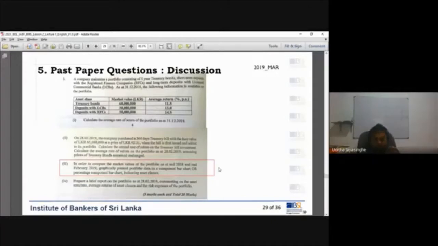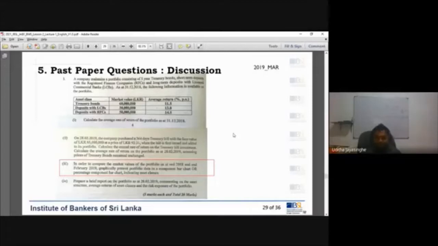For you to do this question, I think we are still not at the pace of, we have to do a last bit of theory on treasury bill and bond calculation, because there's a write up here which says the value of this 364 treasury bill as at that particular date was 65 million with a price like 92.31.